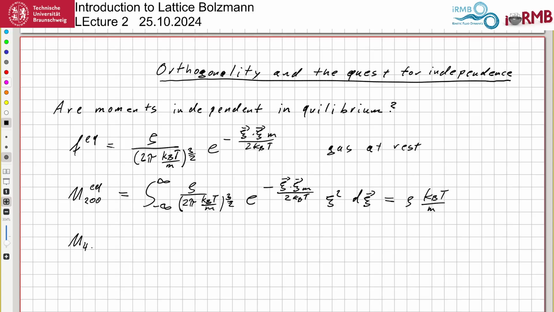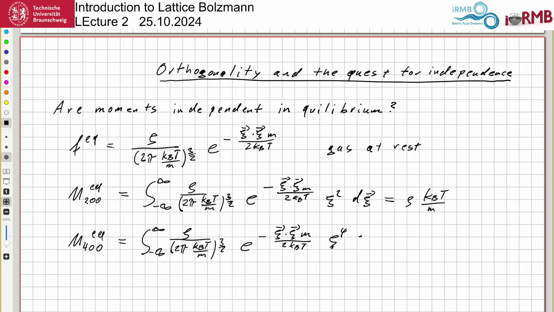And then look at another moment, rho 2 pi k_B T by m, to the power of 2/3, e to the minus xi times xi m. In order to get the fourth moment, we have to multiply with xi to the power of 4.